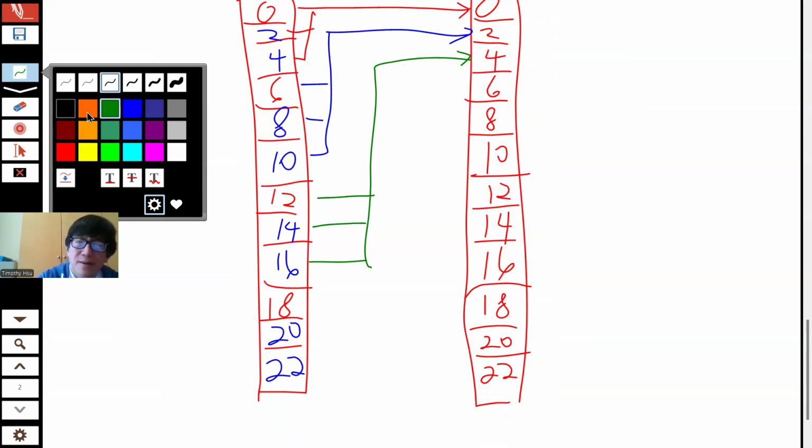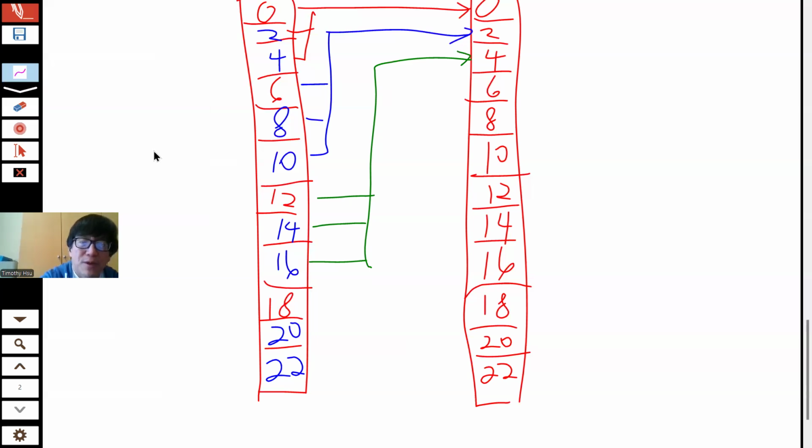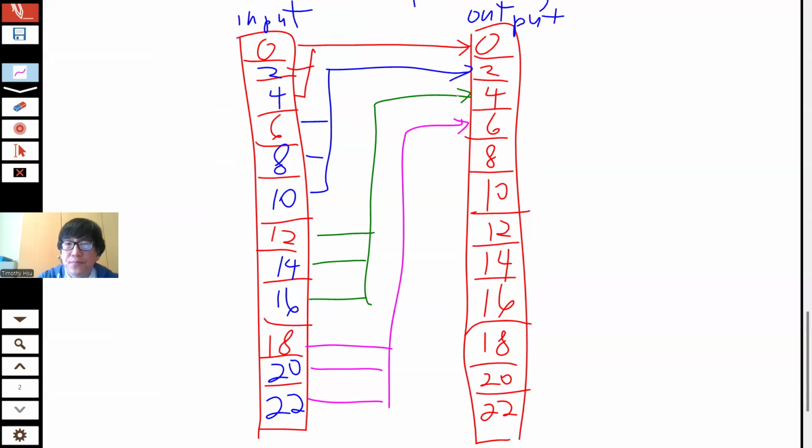It's too close. Let me try light purply pink here. There we go. Those go to number 6. And the rest of this follows suit.